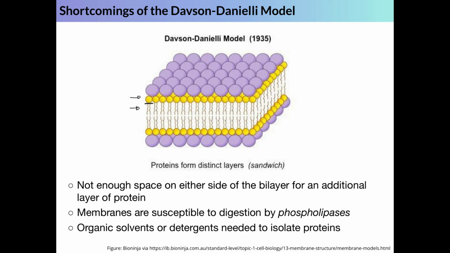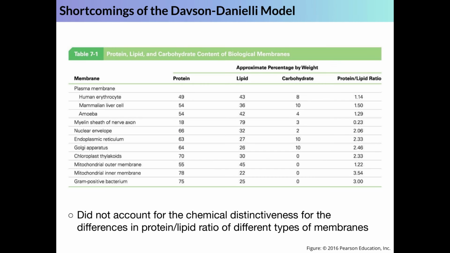Another piece of evidence that was inconsistent with this model is that it is quite difficult to purify membrane proteins. It often requires detergents that disrupt the integrity of the membrane. So this suggests that the proteins cannot be solely above and below the membrane because it would be much easier to purify them if that was the case.